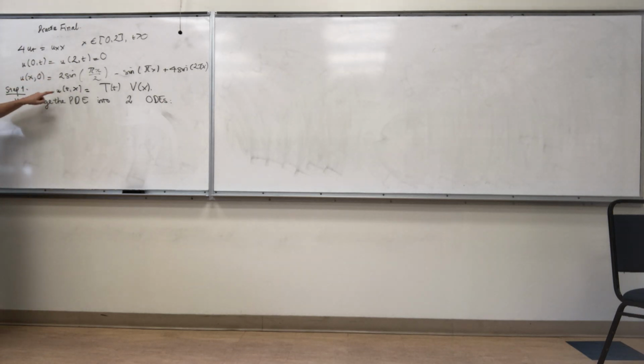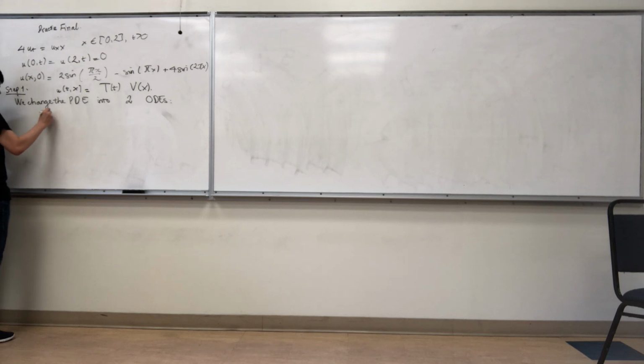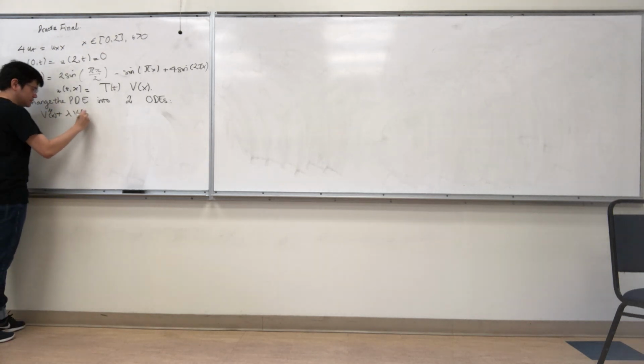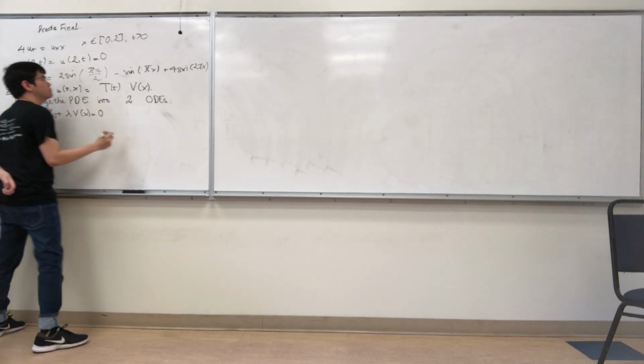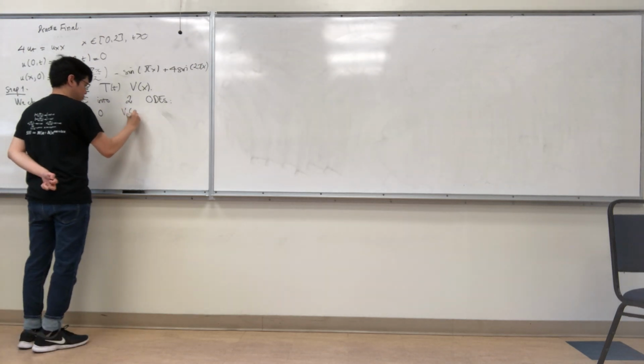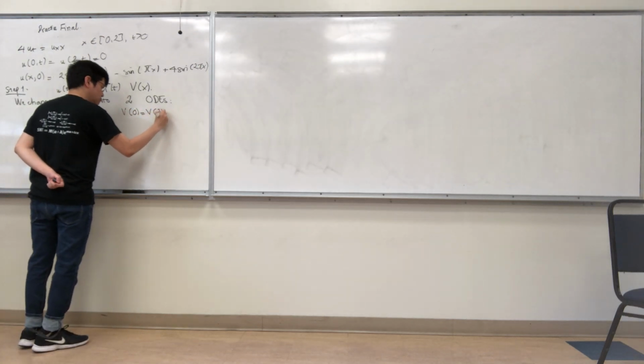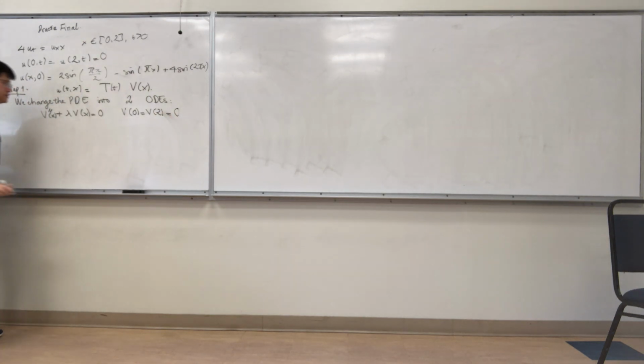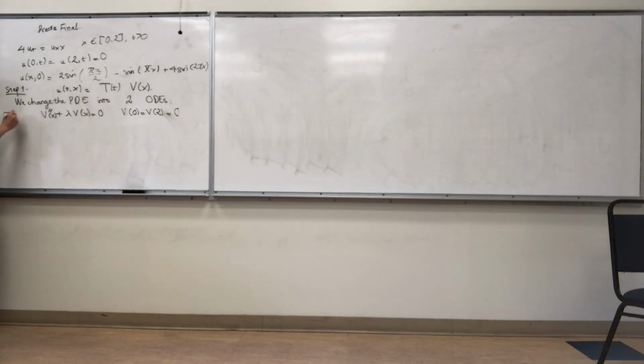So when you substitute this back into the equation, you're going to get the following. You're going to get V''(x) + λV(x) = 0, with V(0) = V(2) = 0. This is one equation, the first one.